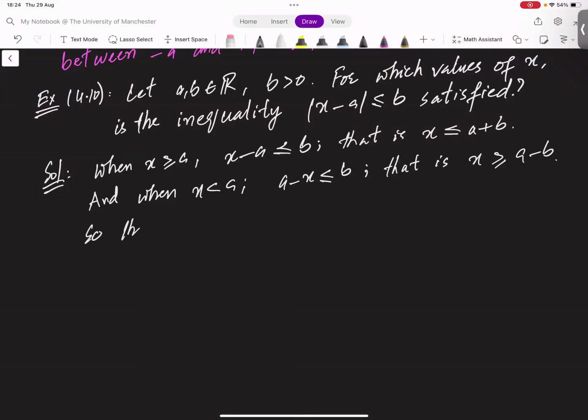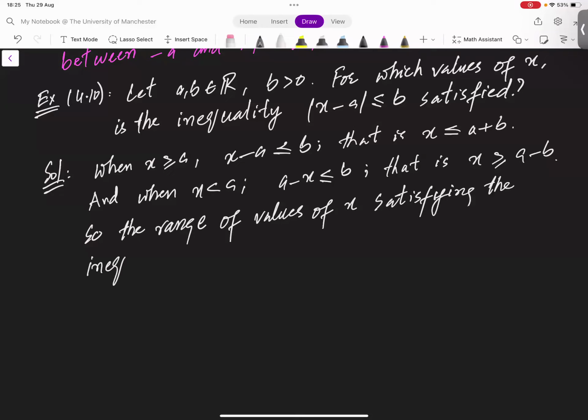So the range of values of x satisfying the inequality is a minus b less than or equal to x less than or equal to a plus b. Perfect.